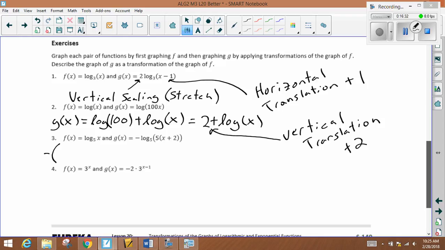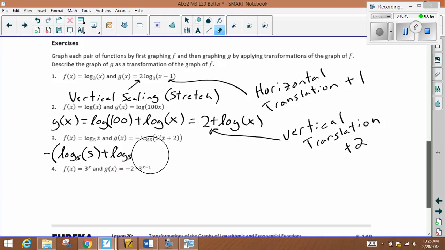This becomes log base 5 of 5 plus, since we're multiplying there, log base 5 of x plus 2. Those are parentheses.